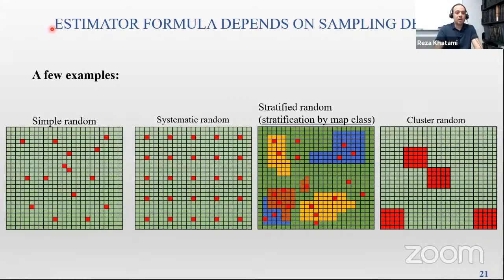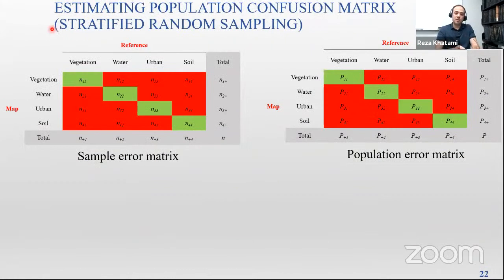For example, if we take a stratified random sample with map classes as strata, we need to account for the different proportion of classes in the map. Or if we have done a cluster sampling and sampled clusters of pixels, we cannot treat the sample as simple random sample, and we need to account for the spatial correlation of the samples within each cluster.